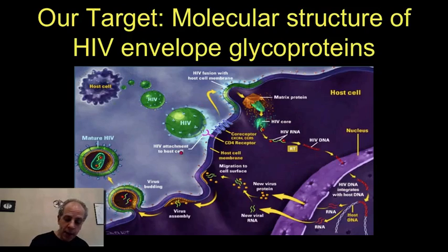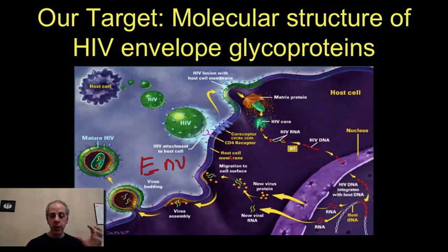So we are interested in this virus, and in particular, and this might surprise you, and it will surprise you even more when you see the images, we are interested in this. Basically in these envelopes or spikes. They're called envelopes and often they're just written as ENV.